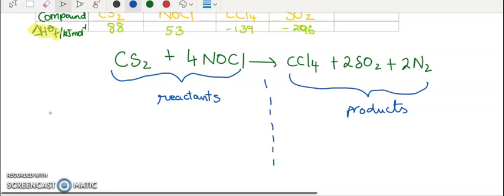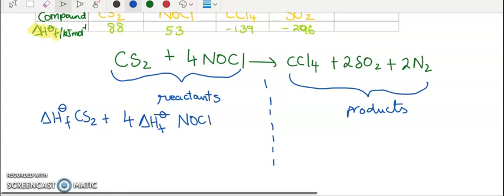So now we have the standard enthalpy change of formation of CS2 plus 4 times the standard enthalpy change of formation of NOCl, and this forms our sum of standard enthalpy change from our reactant side, sorry, and this will be our product side.